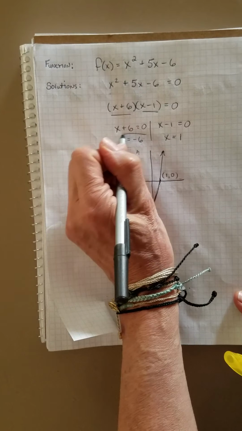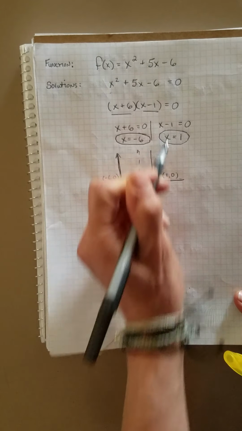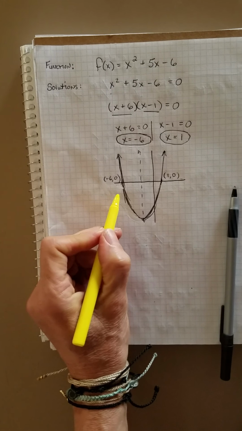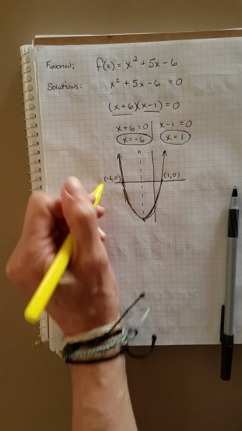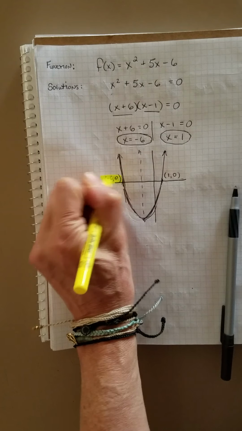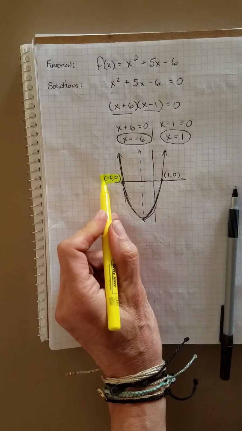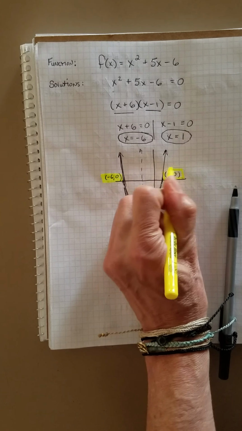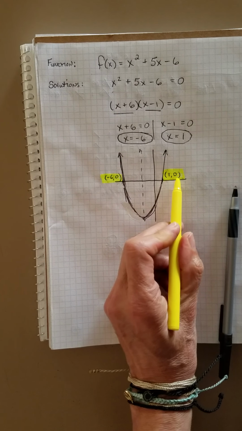So x is what's known as our solution or our root, or it's also known as the x-intercept of our quadratic. If I graph my quadratic, I can see that one of my solutions, where the graph crosses the x-axis, is at the point -6, 0, and my other solution occurs at the point 1, 0.